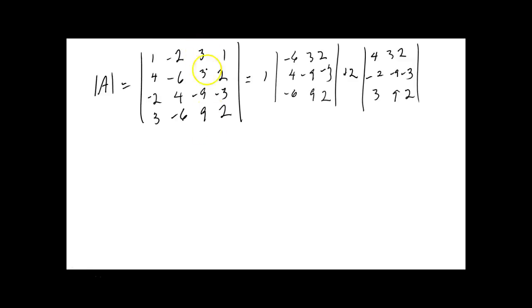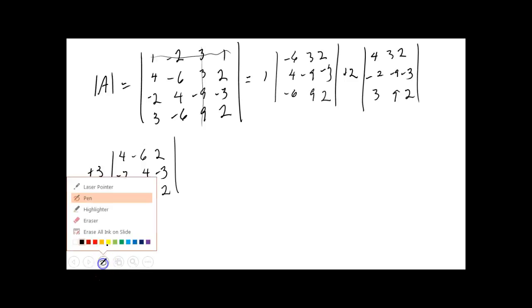Okay, now we go to the third entry, so we'll wipe out the first row, third column. That's a 3, and it's in a positive position, so that's going to be a positive 3 times its minor, which would be 4, negative 6, 2, negative 2, 4, negative 3, and 3, negative 6, 2.